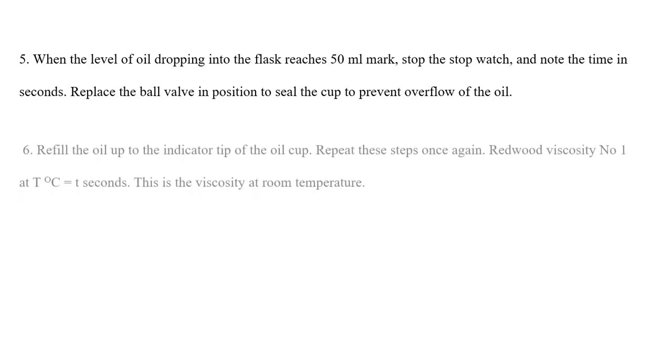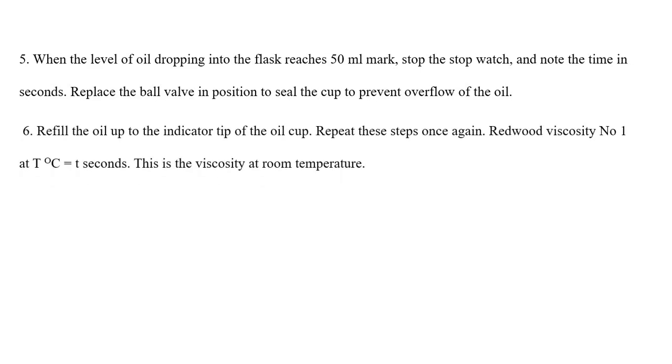Then repeat the same process. For this, refill the oil up to the indicator tip of the oil cup and repeat these steps once again using the Redwood 1 viscometer. At temperature T degree Celsius, the time is T seconds. This is the viscosity at room temperature.